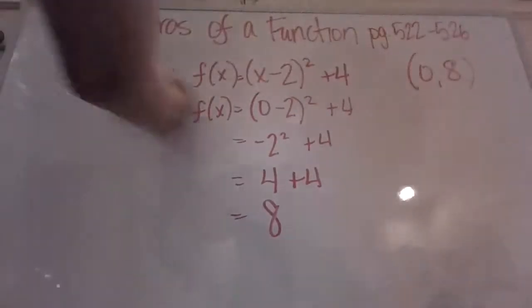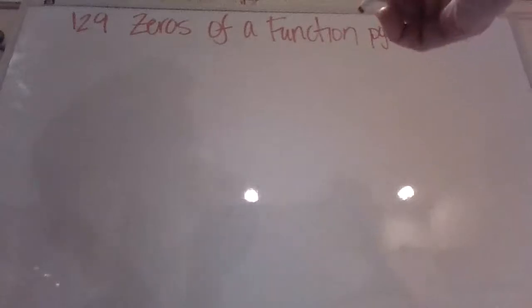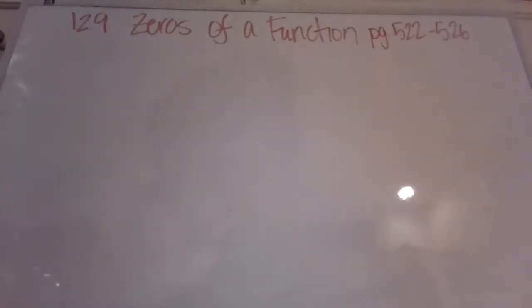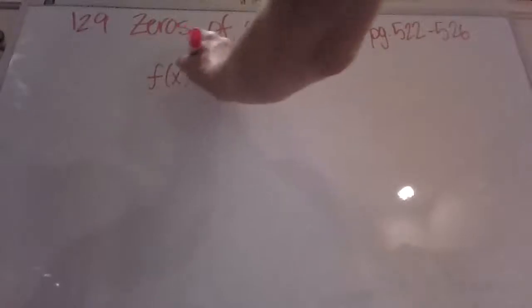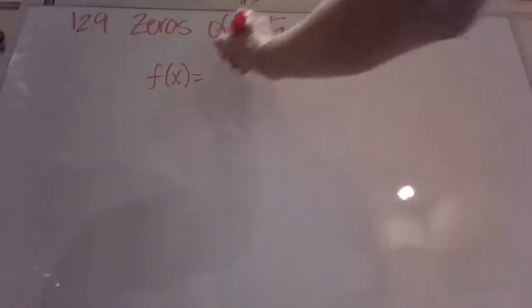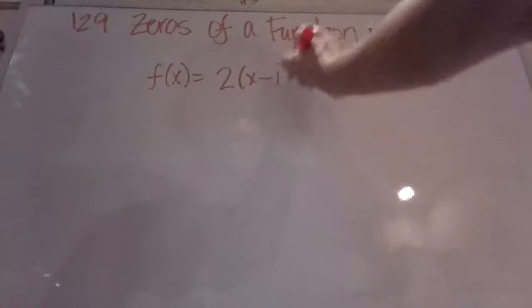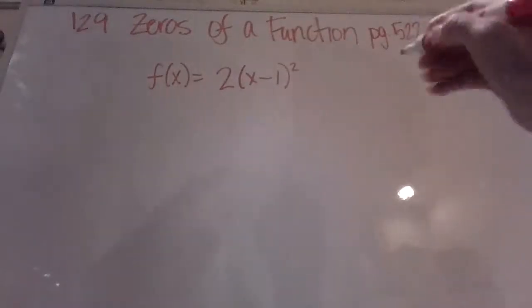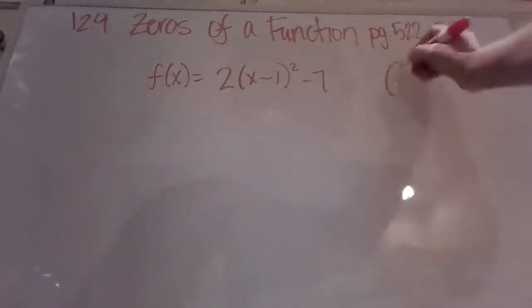Number 9. F of x is equal to 2 times x minus 1 squared minus 7. We're finding our y-intercept.